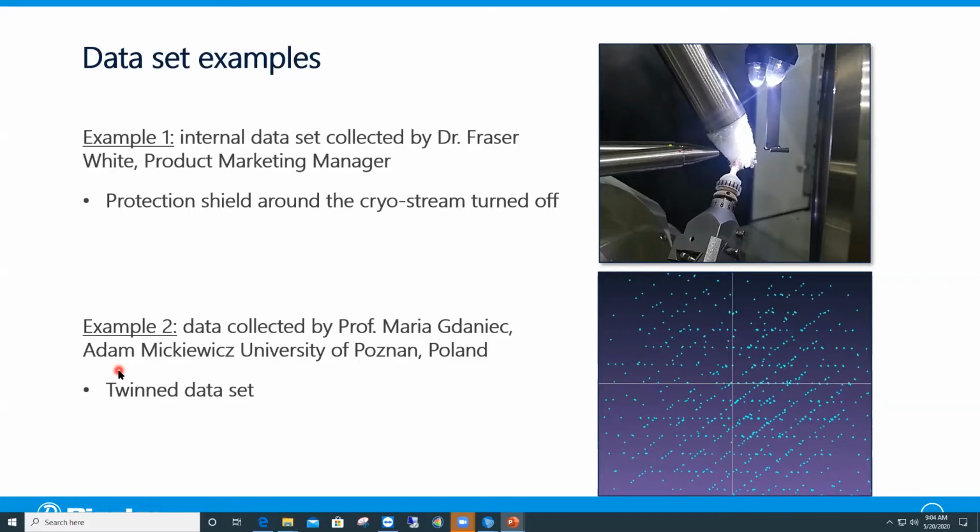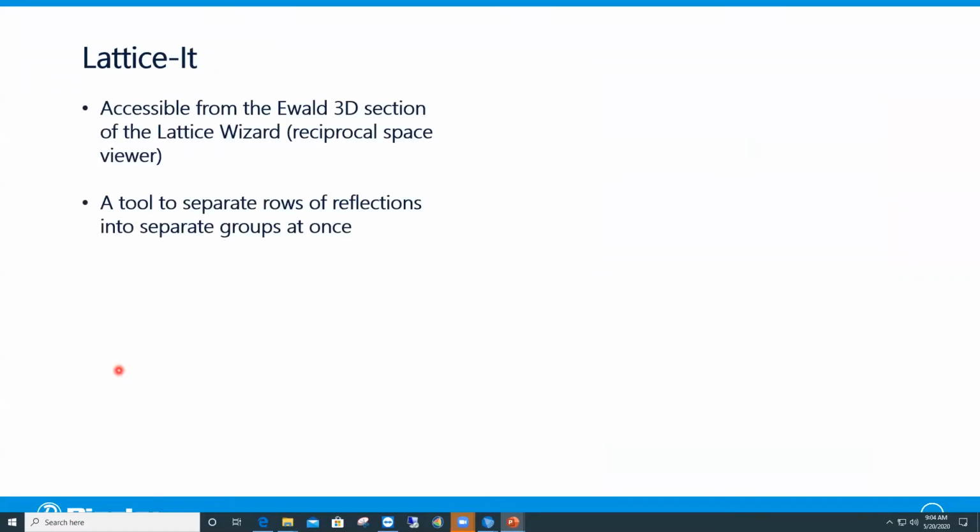So to separate diffraction patterns in CrysAlisPro, you use a tool that is called Lattice-It. So that tool is accessible from the eWorld 3D section of the Lattice Wizard. This is also where you look at your reciprocal space. And the Lattice-It tool is able to separate rows of reflections into separate groups at once.